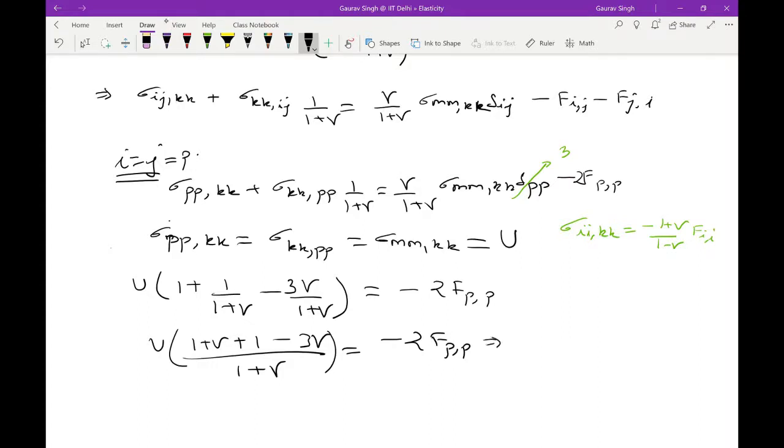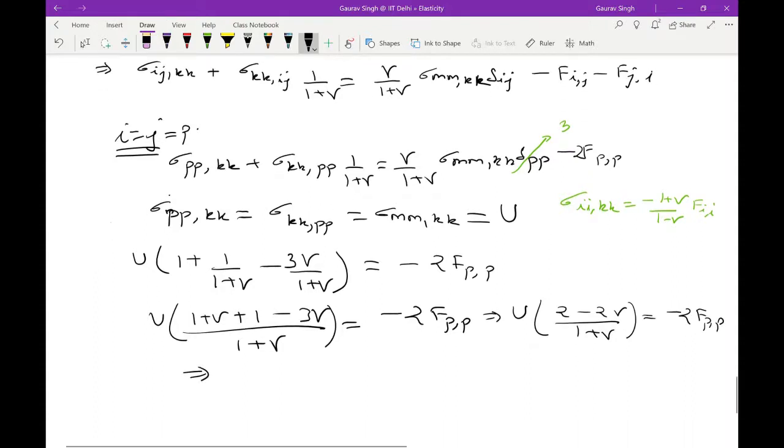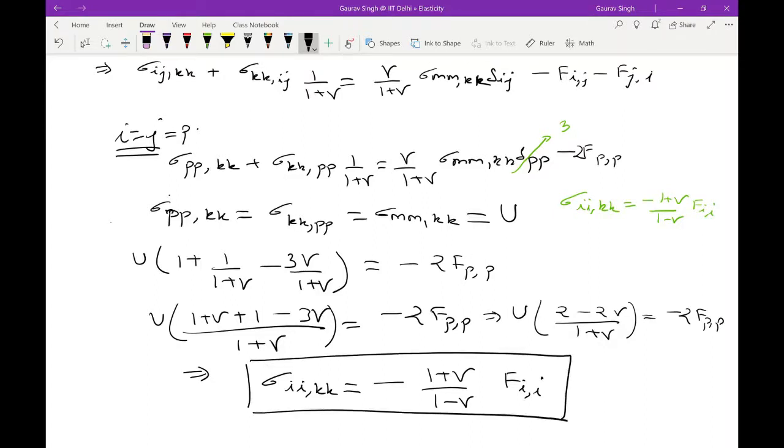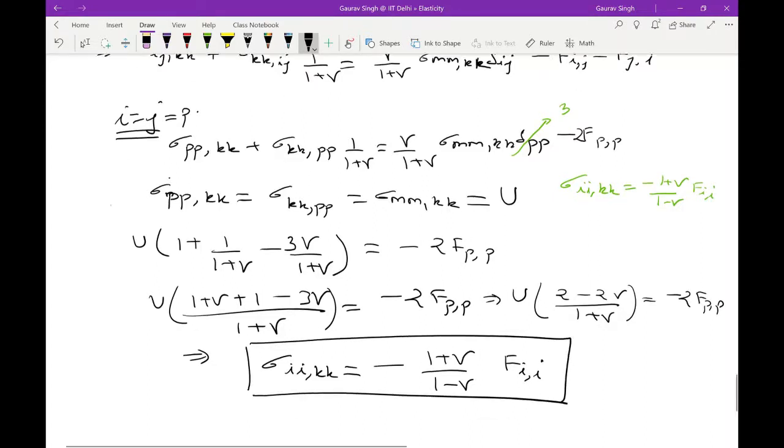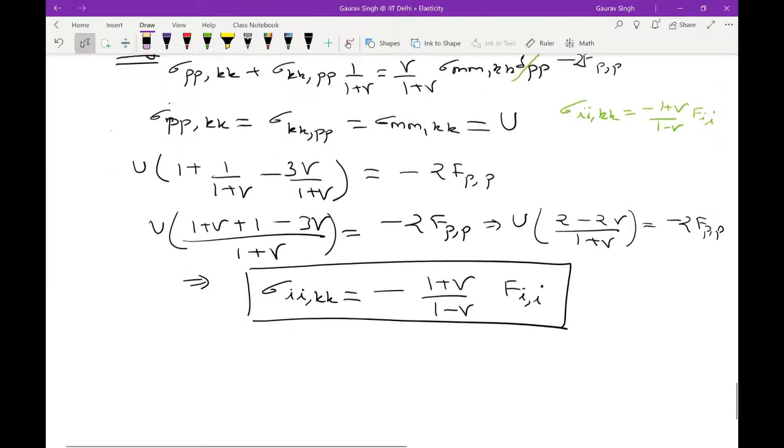This would imply that u of 2 minus 2 nu over 1 plus nu is equal to minus 2 f p comma p. Now writing u as sigma i comma kk, this gives sigma i comma kk is equal to minus 1 plus nu by 1 minus nu into f i comma i. So this shows what we wanted.